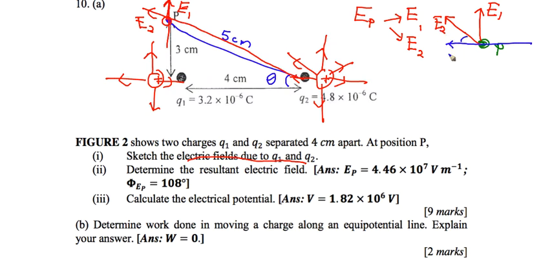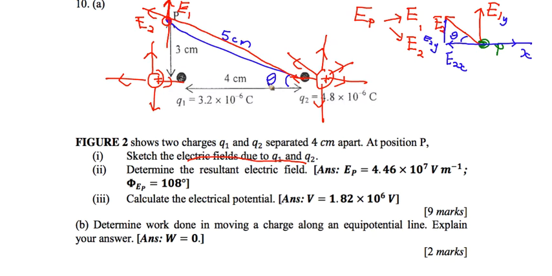So resolve E2 to the x, let's say you have E2x, and resolve E2 to the y-axis, here we have E2y. And for E1, because E1 is on the y-axis, this is E1y. No need for you to resolve E1 to the x. So this is the x-axis. But you must know the angle here, theta.